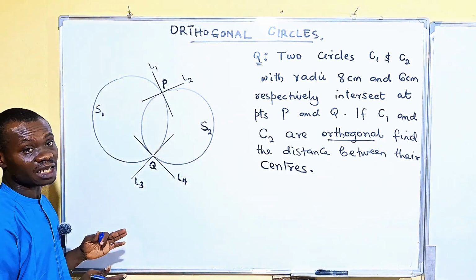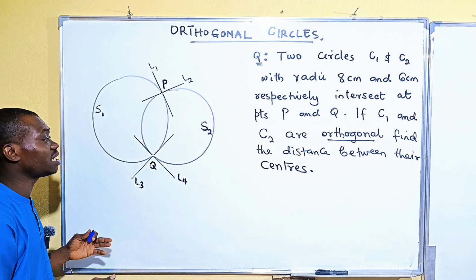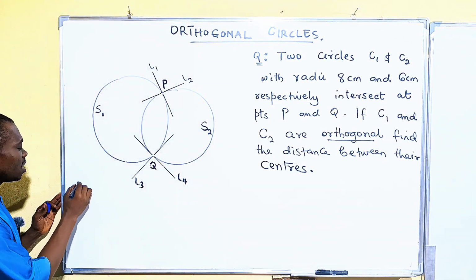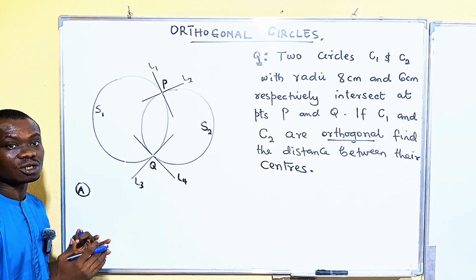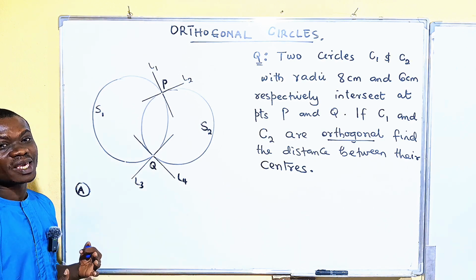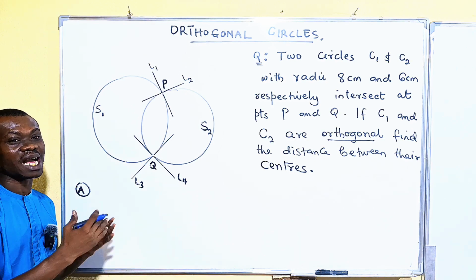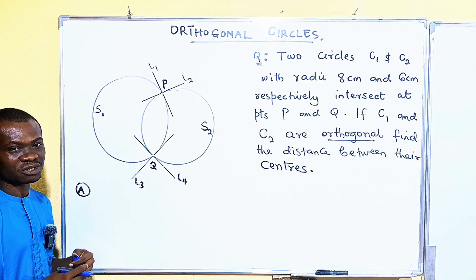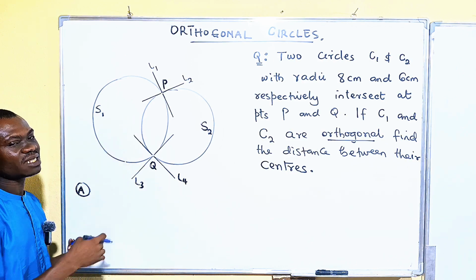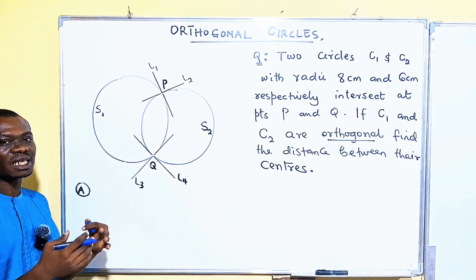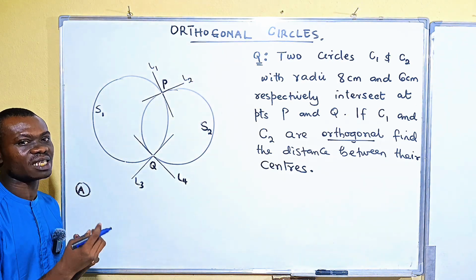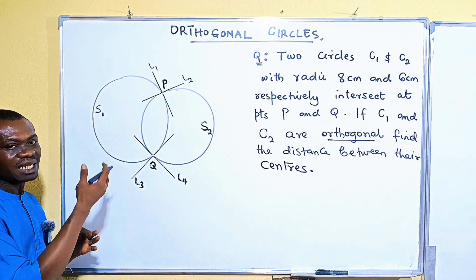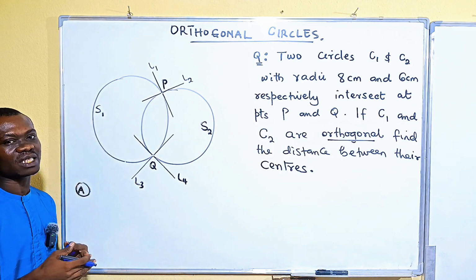All right, so what are the concepts that I said I'm going to explain? The first concept is what we call the angle between circles. Before now we talked about angles between lines. Now circles can also form angles. How? When they intersect. So how do you get to know the angle between two intersecting circles? All you need to do is to draw tangents at their point of intersection.